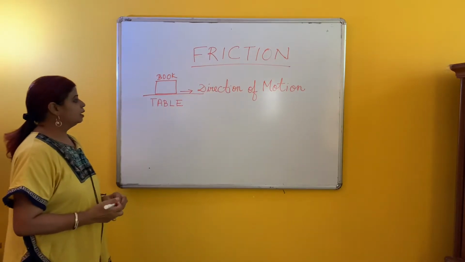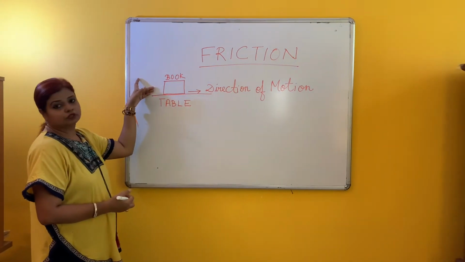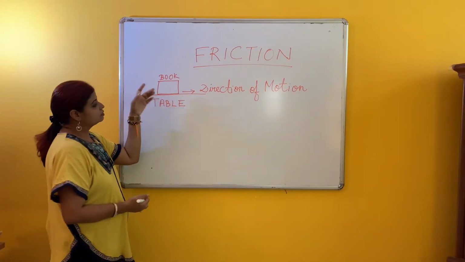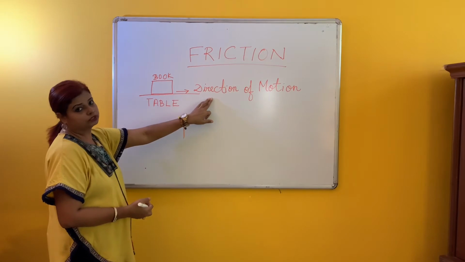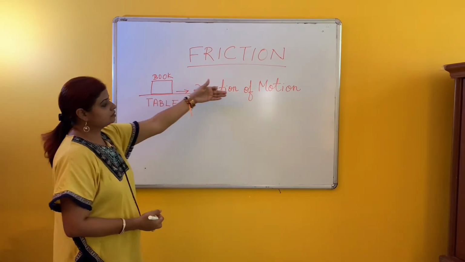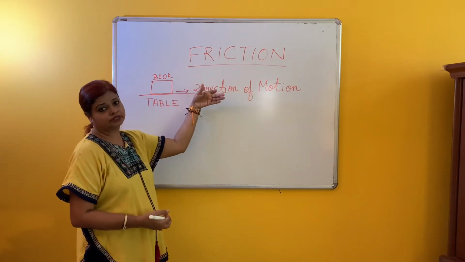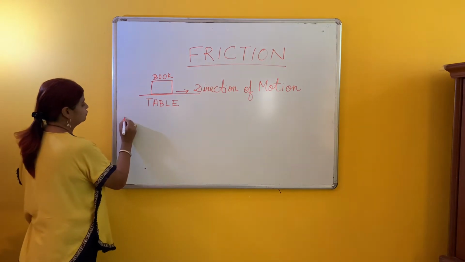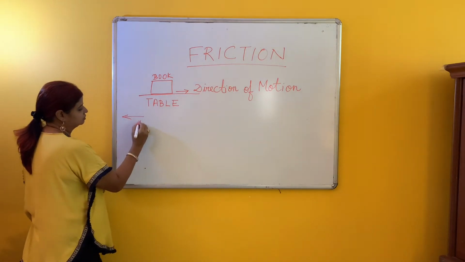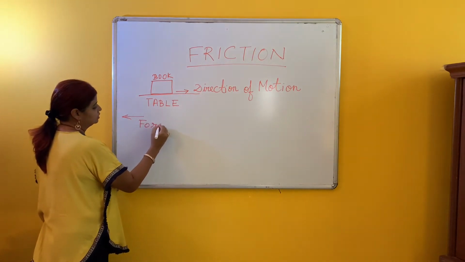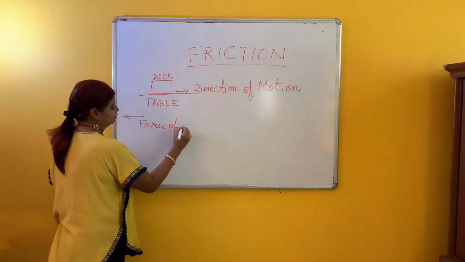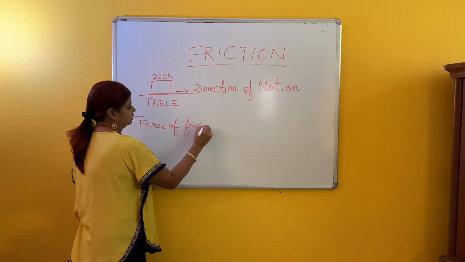Now the force of friction acts opposite to the direction of motion. So that means if this is the direction in which the object is moving, my force of friction will act in this direction. So this is the direction of the force of friction.